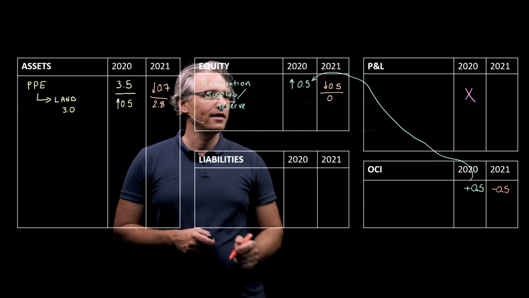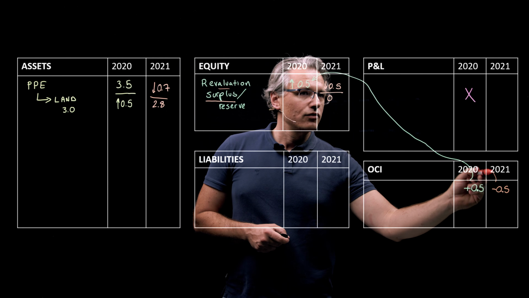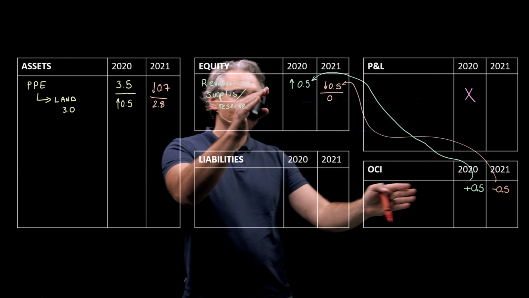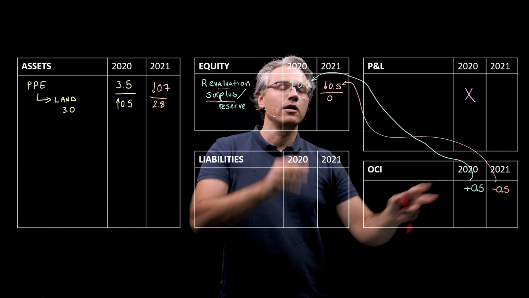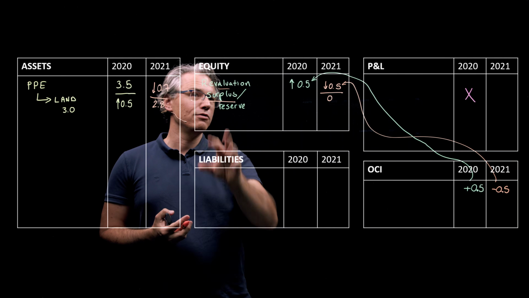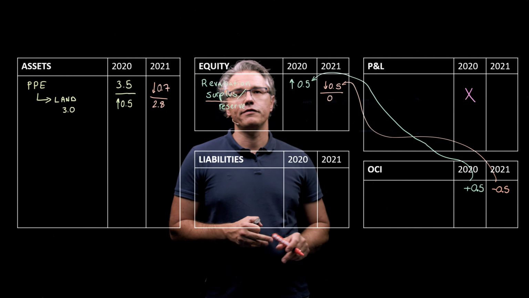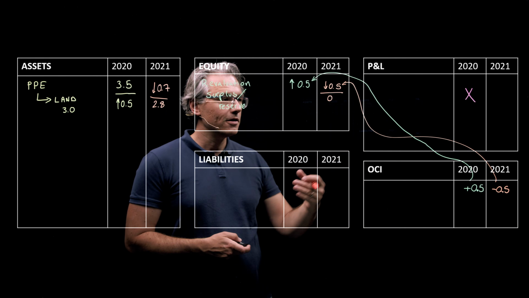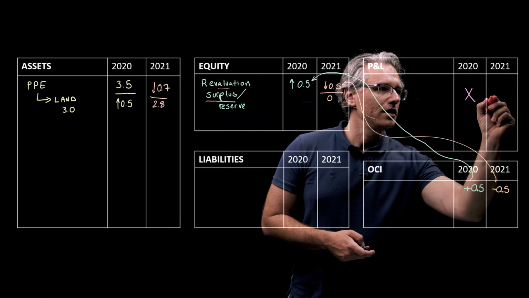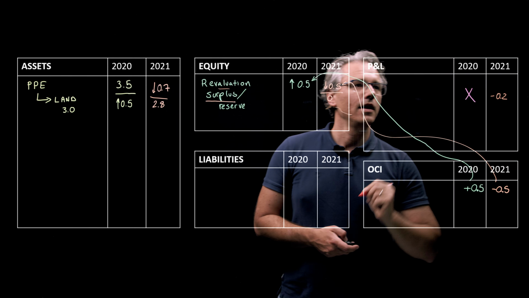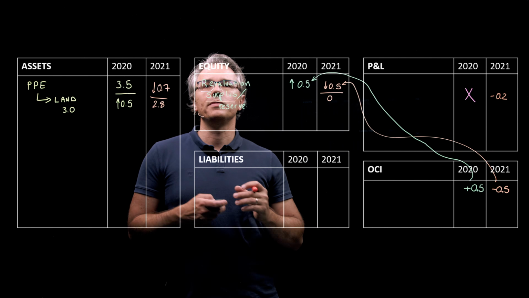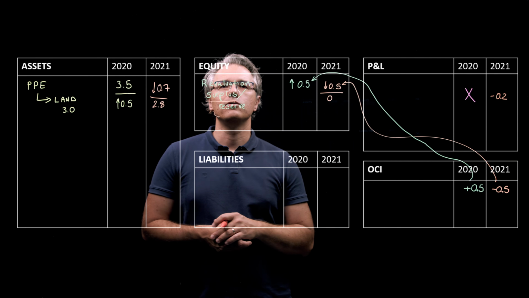This, as I said, corresponds to what we have already done to revaluation surplus. So as you can see, the role of OCI is to reflect pretty much what we are doing to revaluation surplus within equity. However, we also need an additional 0.2 million over here within P&L. So a negative entry to P&L of minus 0.2 million.